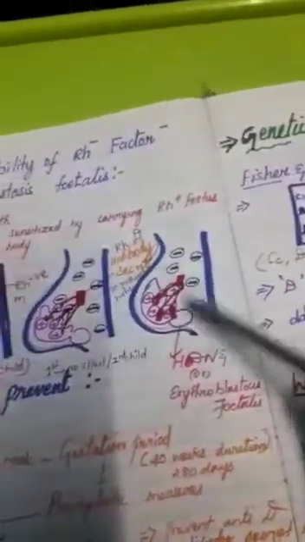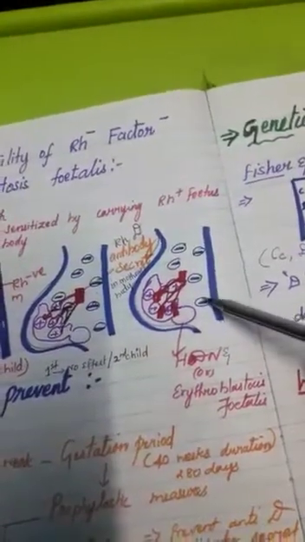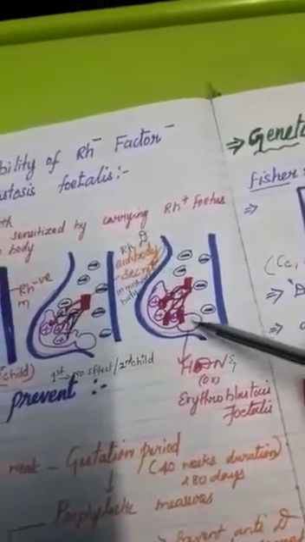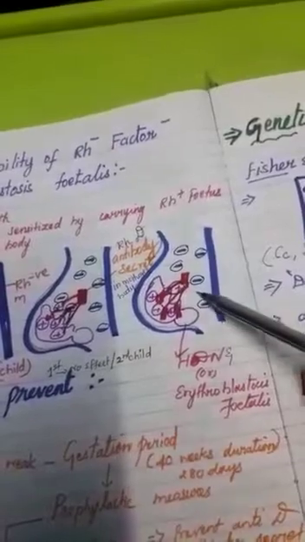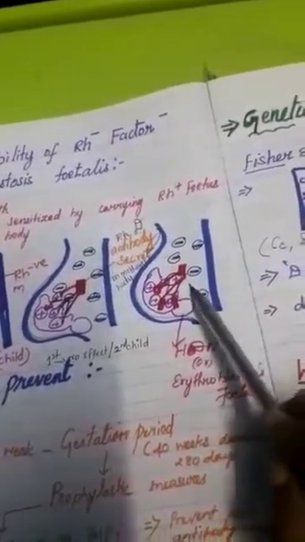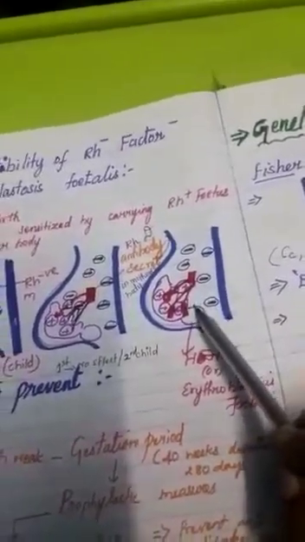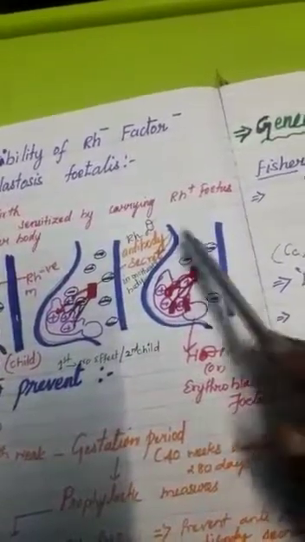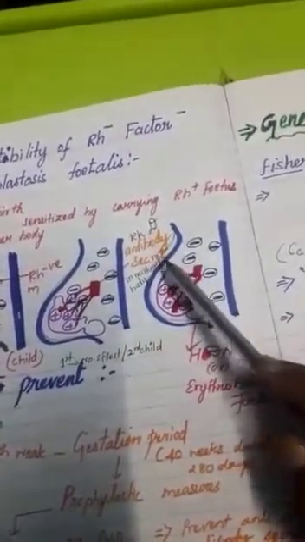Finally, you have to see the subsequent carrying, meaning the second and third child. At that time, these RhD antibodies enter the fetal blood circulation.